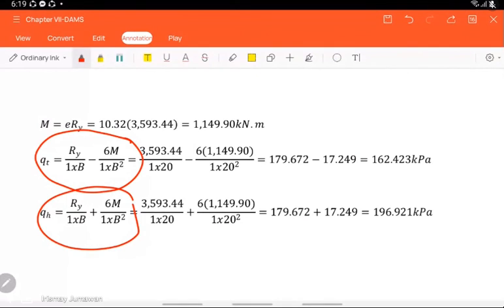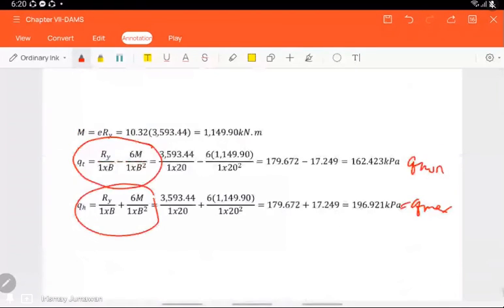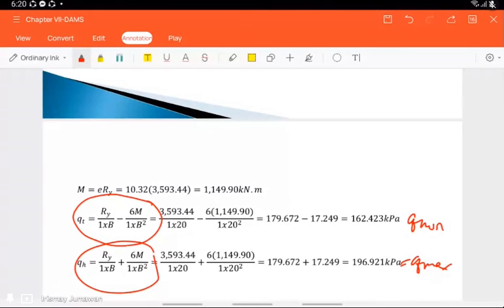Just remember that positive is your Q maximum. The Q maximum is on the hillside. That's the computation for the soil pressure.